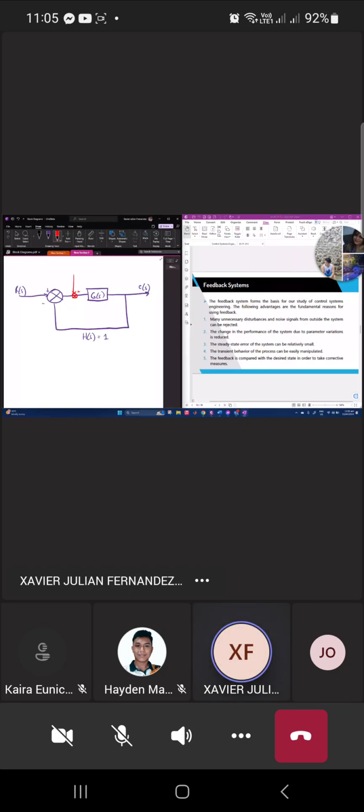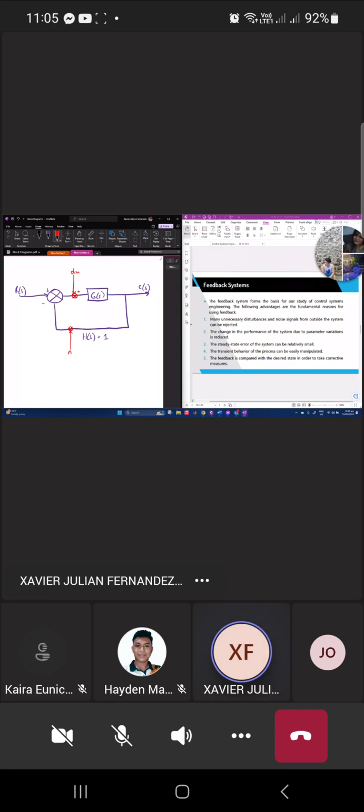So we add a disturbance, let's say that's D of S. In our feedback, we introduce noise, let's call that N. The disturbance is included in the input to the plant transfer function, so there's some output response, let's say C of S.